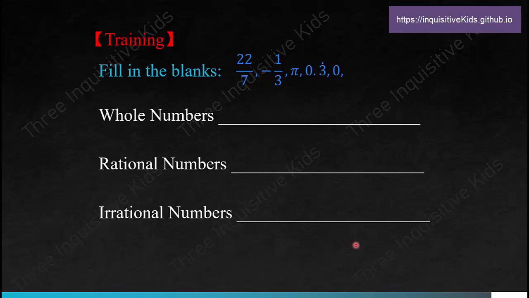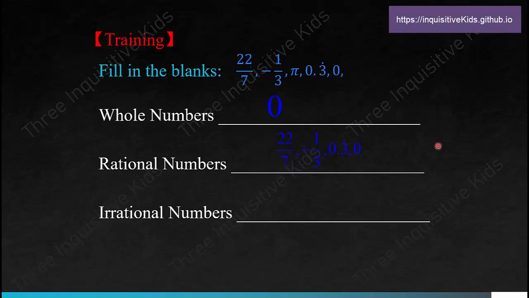Here's some more training. Fill in the blanks: which are whole numbers, rational numbers, and irrational numbers? The whole number is 0. The rational numbers are 22 over 7, negative 1/3, 0.3 repeating, and 0. 0 can be written as, for example, 0 over 1, so it is a rational number. Remember, 0 over 0 is invalid.